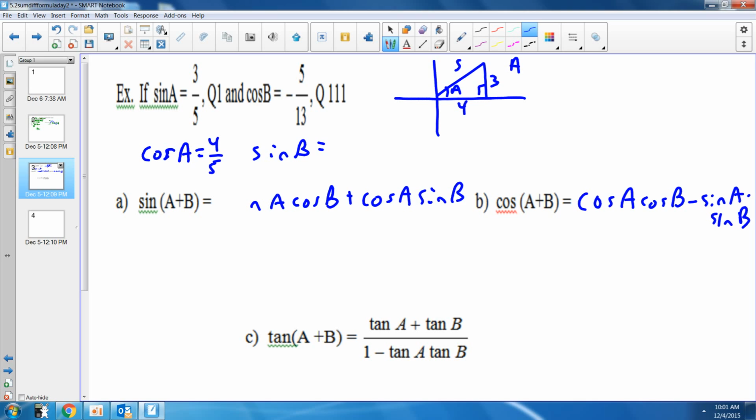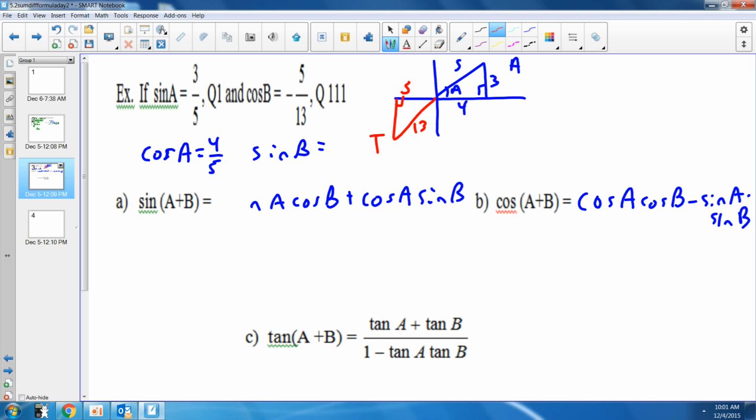What about B? Well, on B it says it's in the third quadrant. So I'm going to want to draw a triangle here. Hopefully you remember doing this. When you draw that angle, you know that the cosine of B is going to be adjacent 5 over hypotenuse 13.